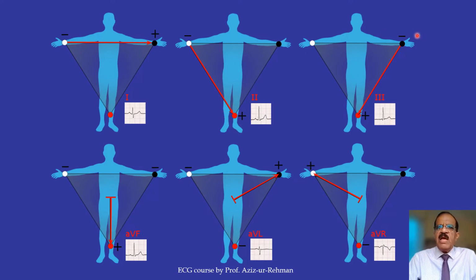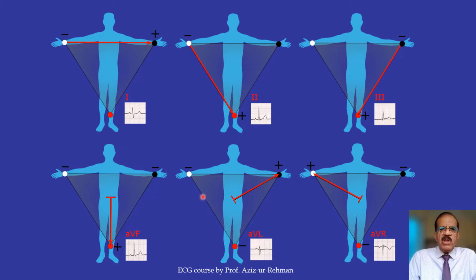And limb lead 3 is placed between the left arm and the left leg, and the positive terminal is the left leg. So these 3 are bipolar leads, with one positive terminal and the other negative terminal. When current flows in one direction, it will be registered as an upward deflection in the positive electrode and a downward deflection in the negative electrode.